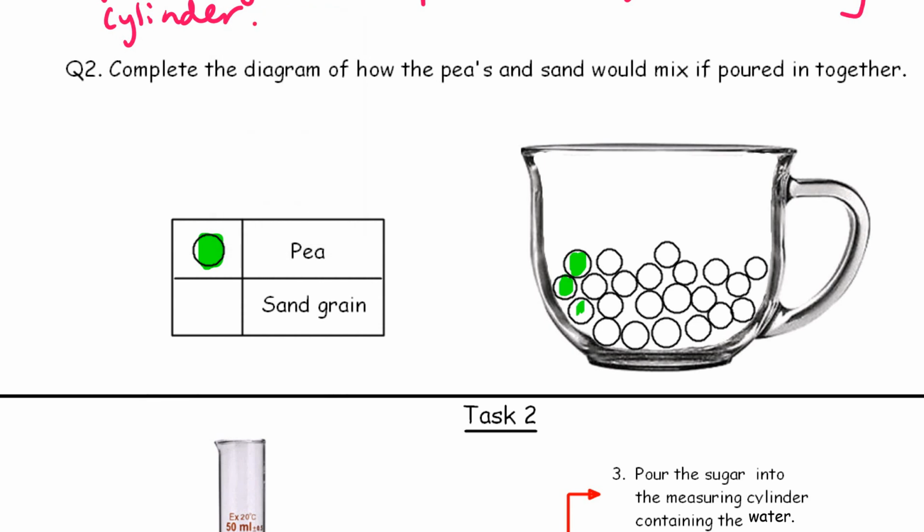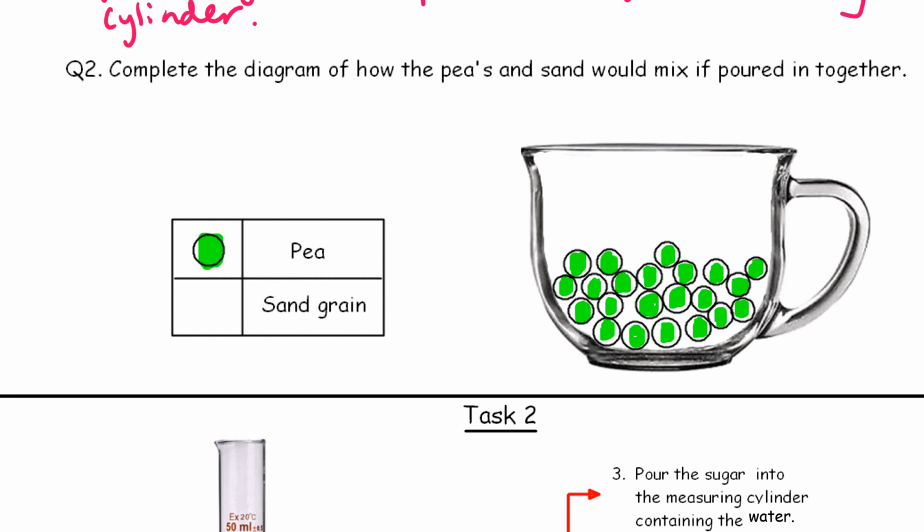I'm just going to colour them in for a second. I quite like doing this. So the peas are taking up a certain amount of space. However, there are gaps between the peas. You can clearly see that there.